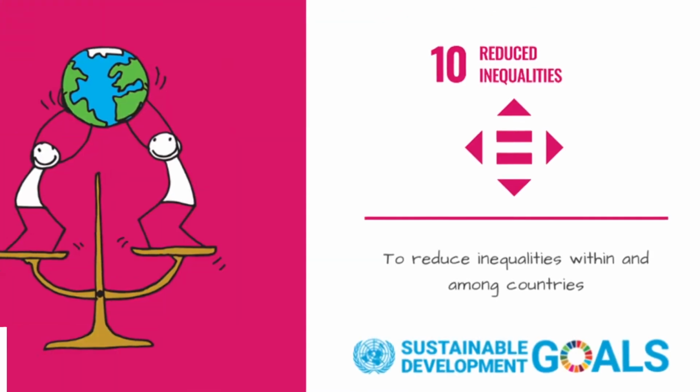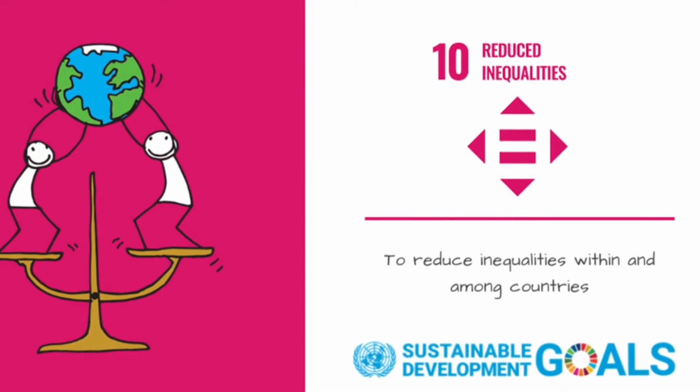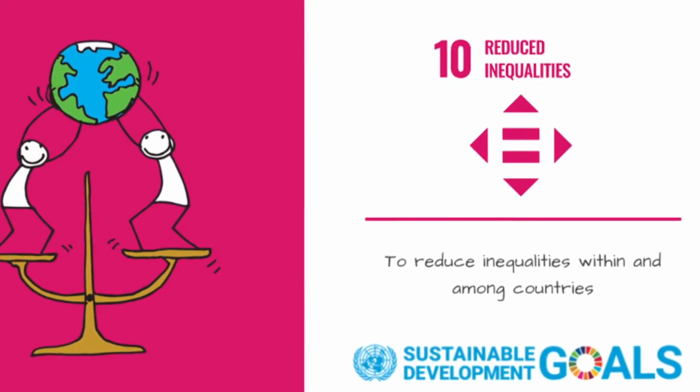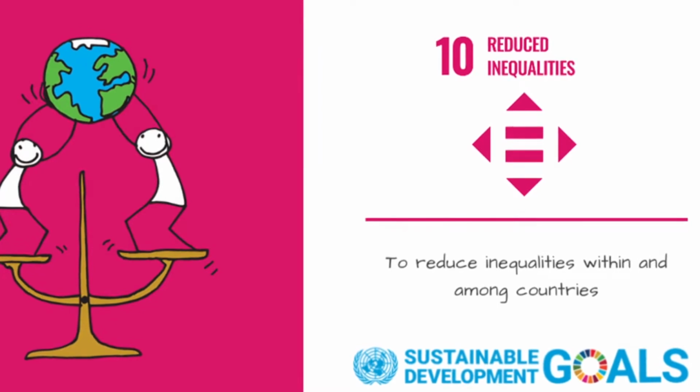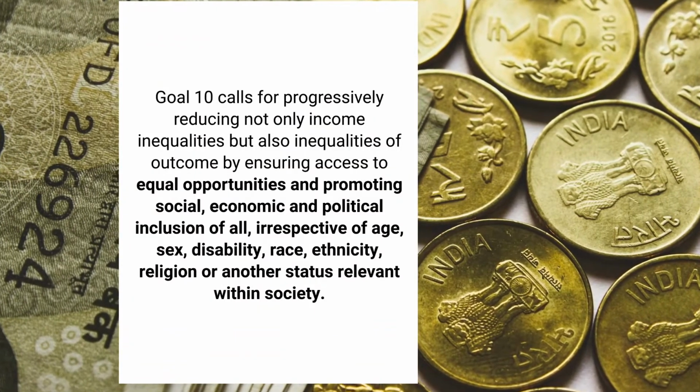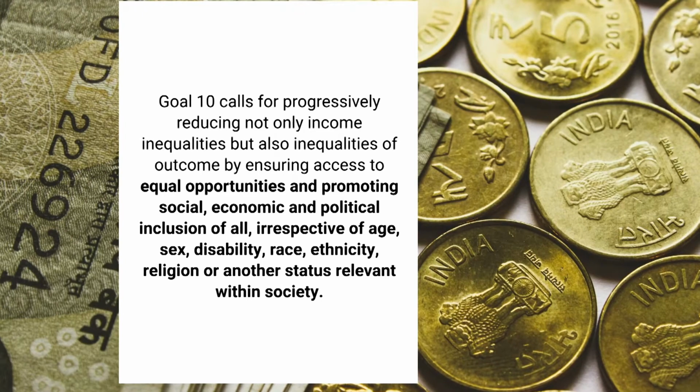Goal number 10 talks about reducing inequality within and among countries, that is, reduced inequalities. This goal number 10 calls for progressively reducing not only income inequalities but also inequalities of outcome by ensuring access to equal opportunities and promoting social, economic, and political inclusion of all, irrespective of age, sex, disability, race, ethnicity, religion, or another status relevant within society.